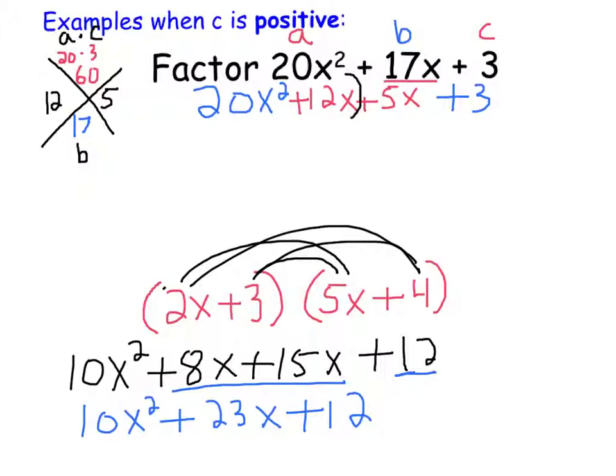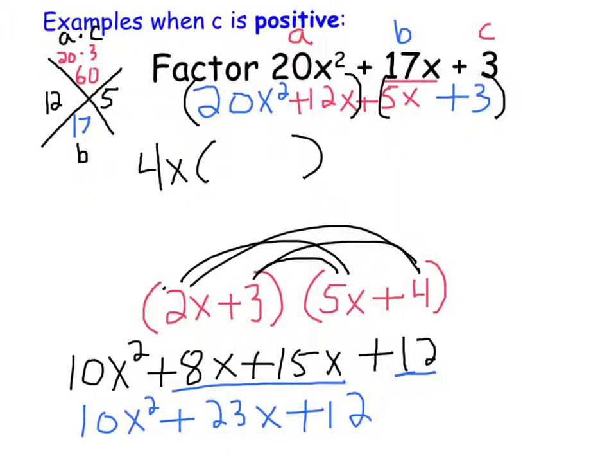I want you to put parentheses around these two and parentheses around these two. Next, ask yourself, what's the biggest number that can divide 20x squared and 12x? Well, 4 can divide 20 and 12, and I can take 1x out.